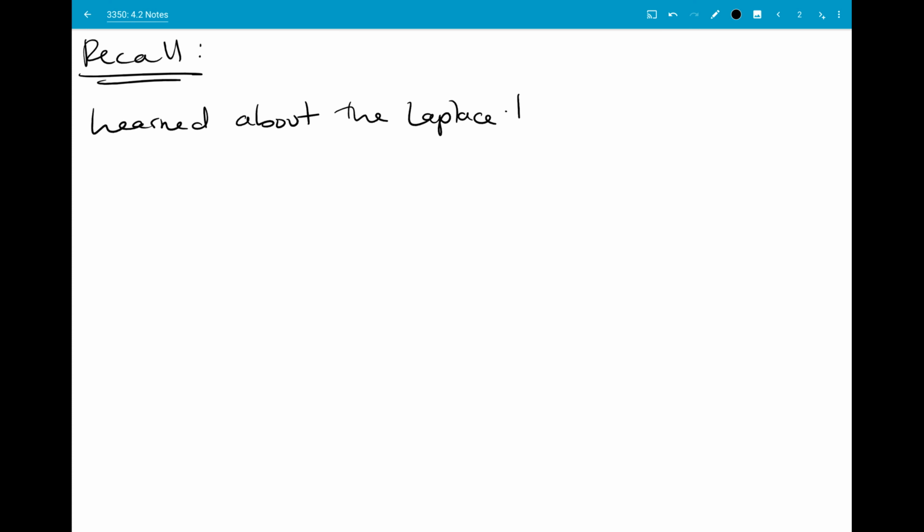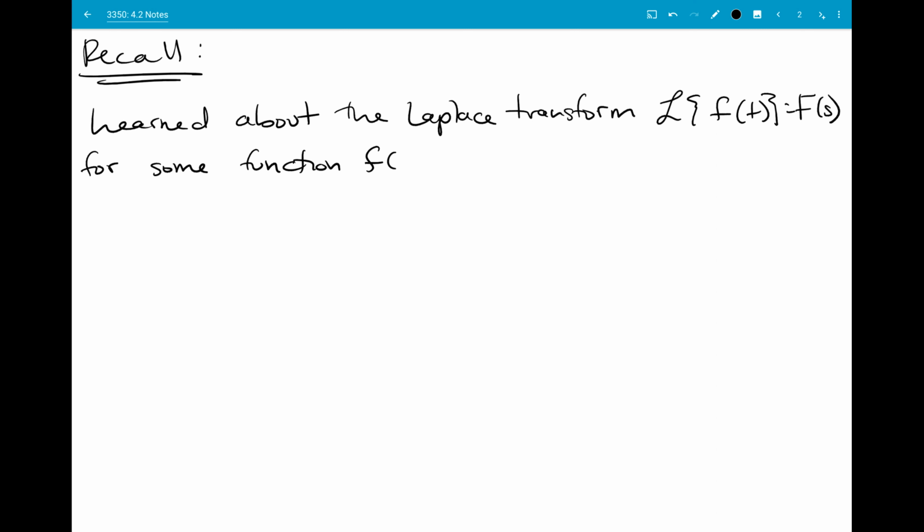So just to recall a bit of information about Laplace transforms. We learned about the Laplace transform, indicated by L of f of t equal to capital F of s for some function f of t.